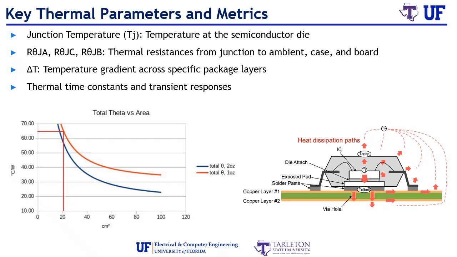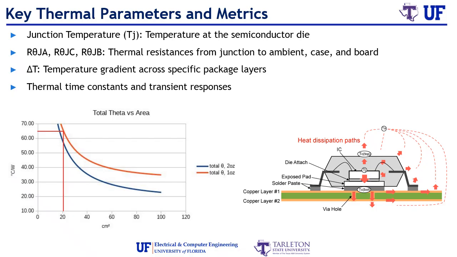The symbol Delta T represents the temperature difference or gradient across different layers of the package, which helps identify where thermal bottlenecks might occur. Finally, thermal time constants and transient responses describe how quickly a device's temperature changes when power is applied or removed. This is important for understanding dynamic heating behavior during switching or power cycling.